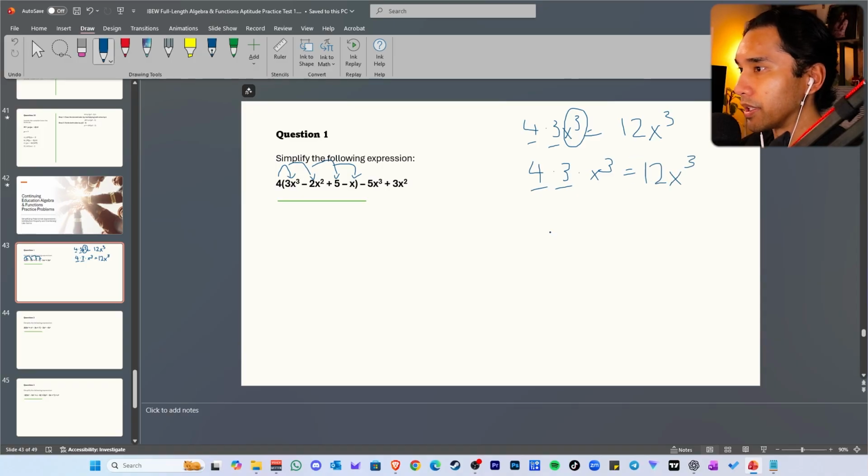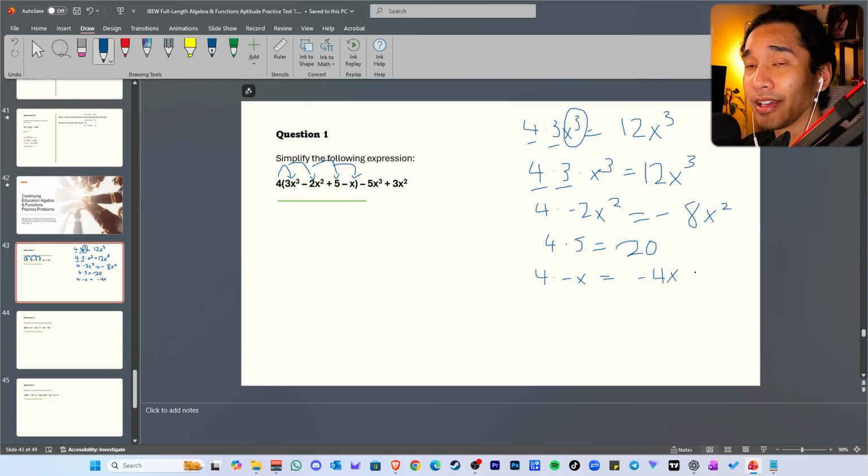Then 4 times negative 2x squared equals minus 8x squared. And what is 4 times 5? That's 20. And what is 4 times negative x? That equals negative 4x.